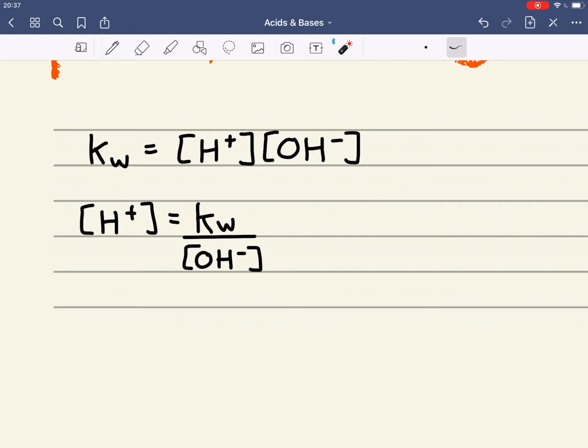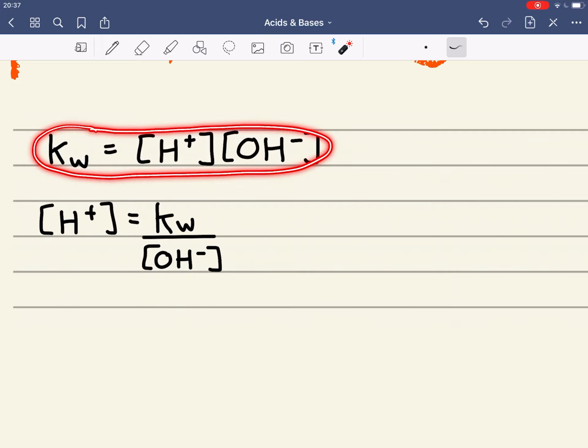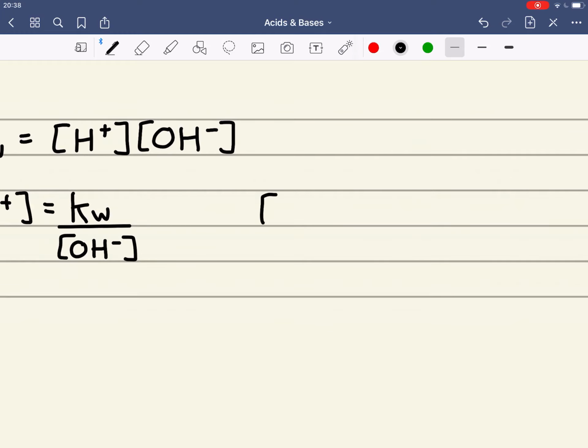Now, you may be asked in certain instances to work out the concentration of hydroxide ions given the pH, and we would simply then rearrange this equation to get your hydroxide ion concentration, which would be OH minus equals your Kw value over H plus.